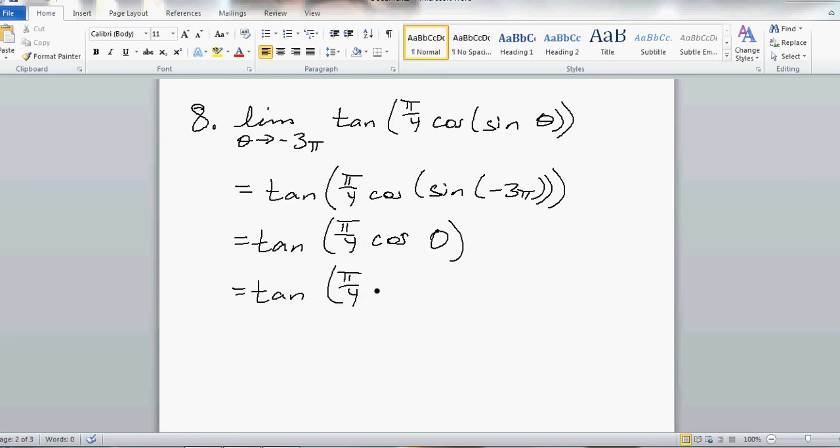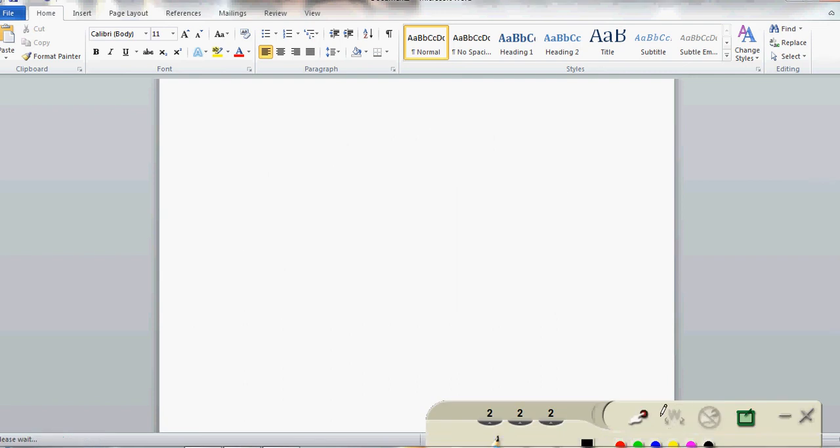And the cosine of 0 is 1. And then we finally get to do our test. Is this a defined value? And the answer is yes. Tangent of pi over 4 equals 1. Nowhere did we have any problems with discontinuities, and so we answer the second question, yes, it is continuous right at that point.